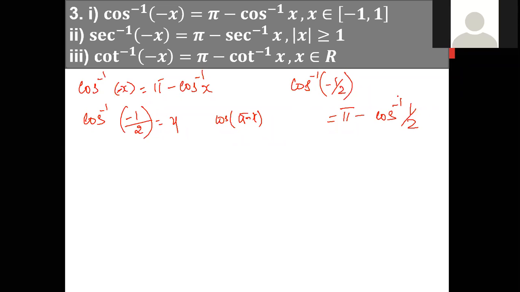You know the value of cos inverse half. So cos inverse half is pi by 3. So you'll get 2 pi by 3. So easy. That's why we are using the properties. Properties are used to simplify your work. So cos inverse of minus x is pi minus cos inverse x.